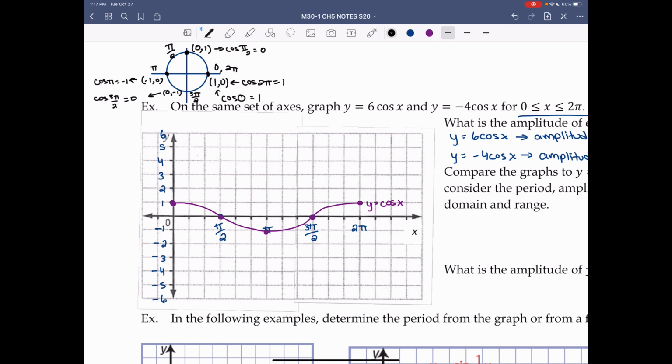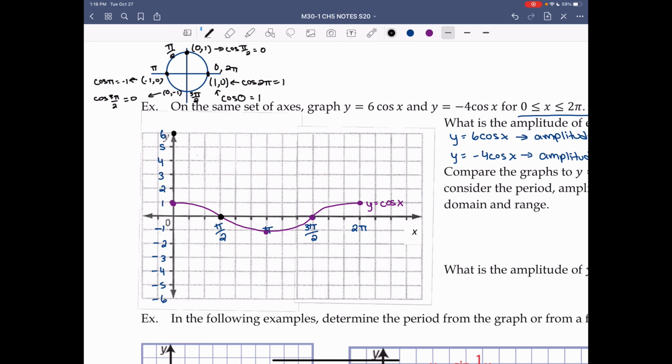That gives us, at the first point, when the angle is 0, the y value is 1, multiply that by 6, we get, when the angle equals 0, the y value is 6. When the angle is pi over 2, y equals 0, multiply that by 6, you still get 0, so at an angle of pi over 2, we still have an x-intercept at 0.